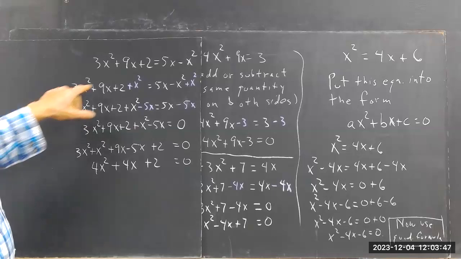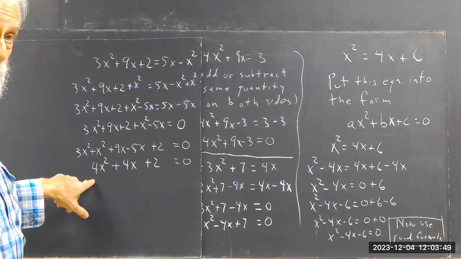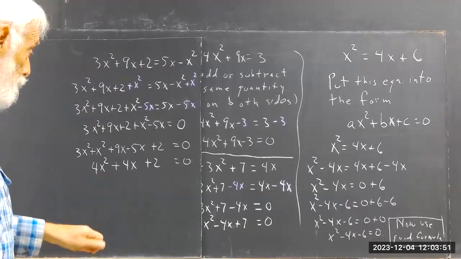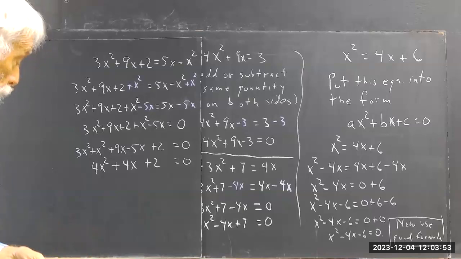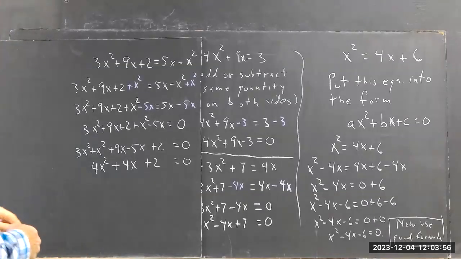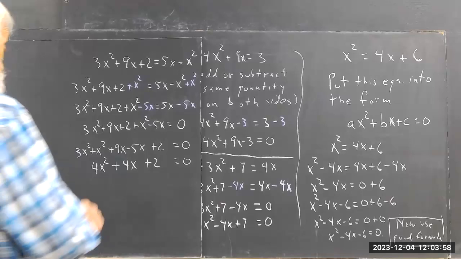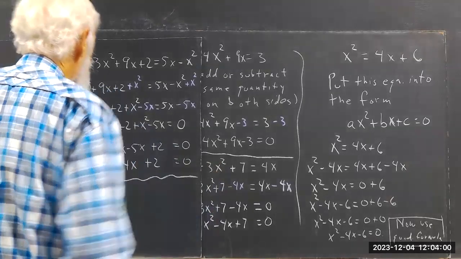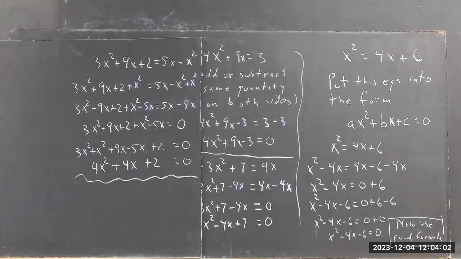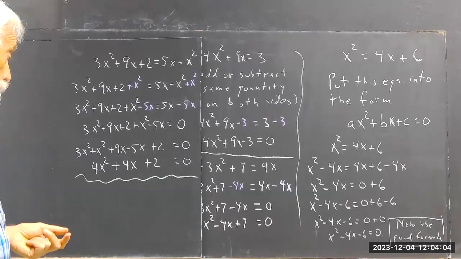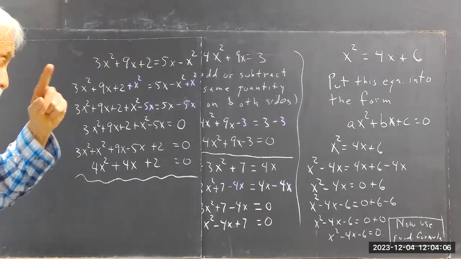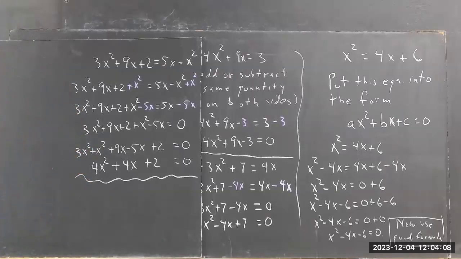And if you got a 3x squared and add an x squared, you do get a 4x squared. Okay, but that was done very well. And all the steps were written out nicely. And when I looked at it, I didn't see anything wrong with it. So I think it was just one little mental glitch that went on there.